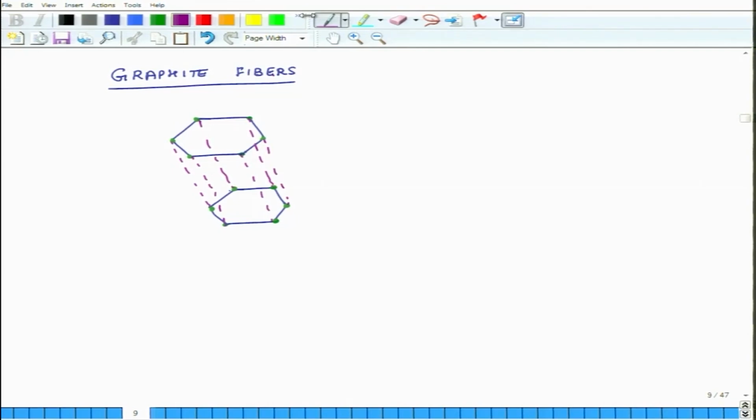The point I am trying to make is that these bonds are weak, but these bonds are very strong.